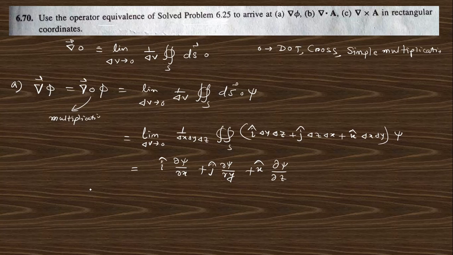This is the proof of grad phi in the Cartesian coordinate, this is the formula.